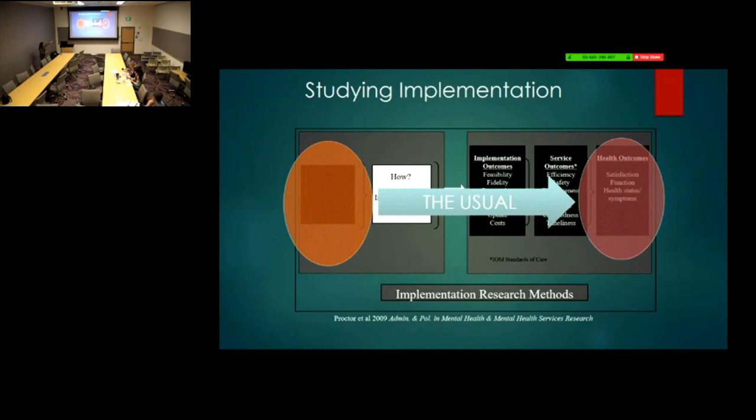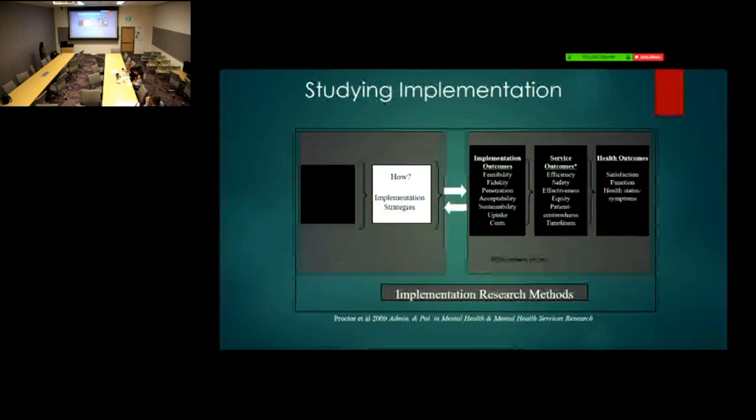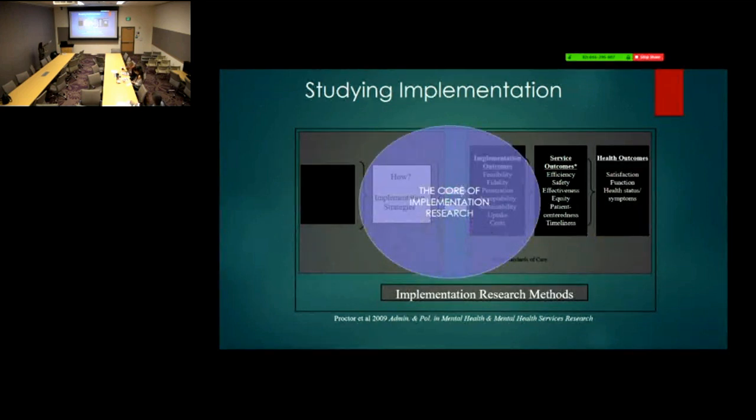It takes the intervention and then it looks at the outcomes. But there's a lot of stuff in the middle here related to the how, all the implementation outcomes, and the service outcomes. That is the realm of what implementation science would study. It's all that stuff in the middle, so that if you have an effective intervention, it can actually be taken up and used in practice.